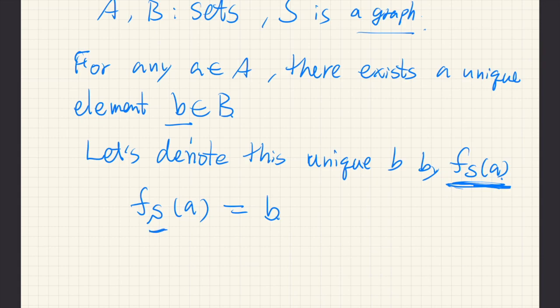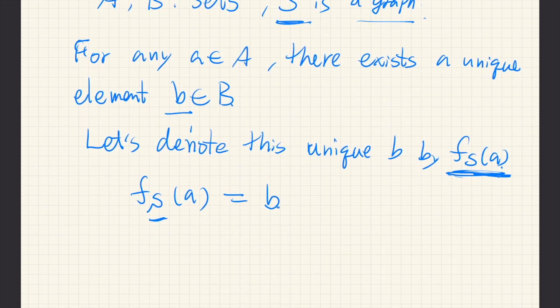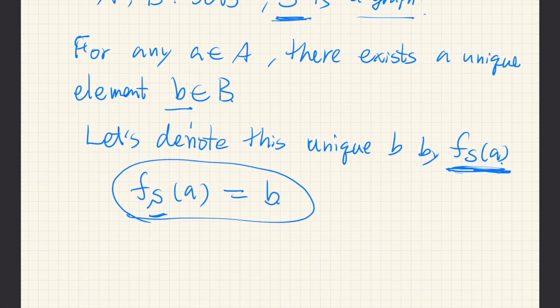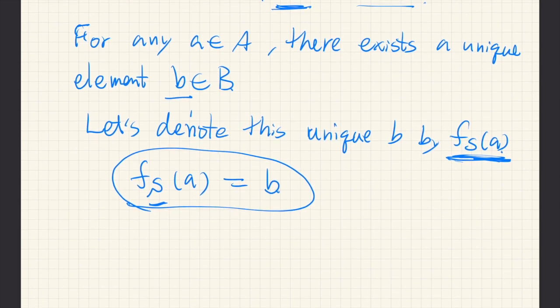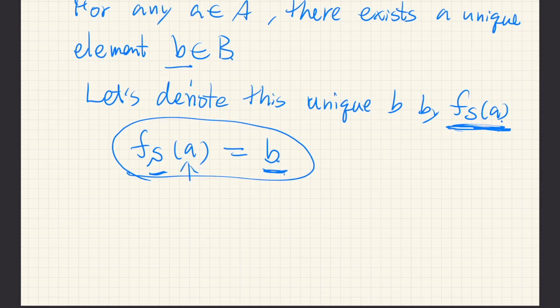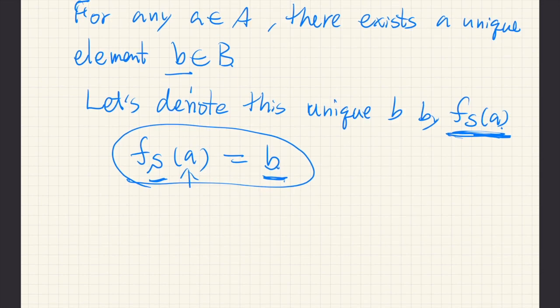This S is this given graph S. So this graph defines this mapping. And this B is determined for every element in A. So this defines a map. This correspondence is called a map.